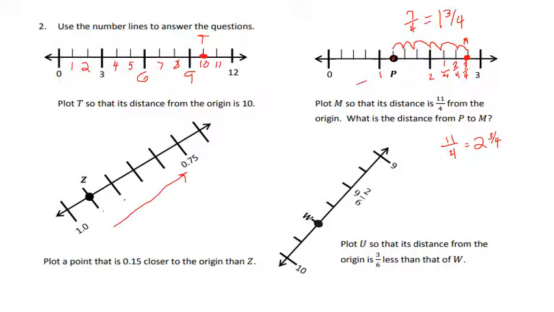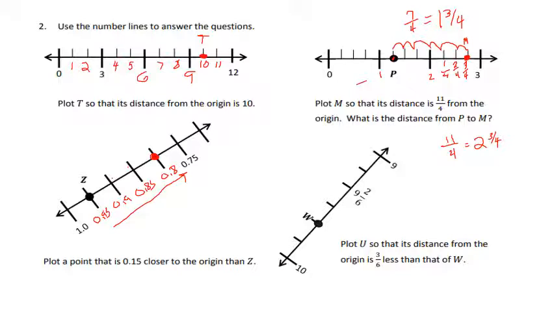So I know each one of these is 0.05 because this would be 0.8 here, 0.85, 0.9, 0.95. Now it says 15 hundredths. Well, I know each one is 5 hundredths, so it'll be 5, 10, 15. So I know the distance right here, this would be the point, which would be 15 hundredths closer to the origin.